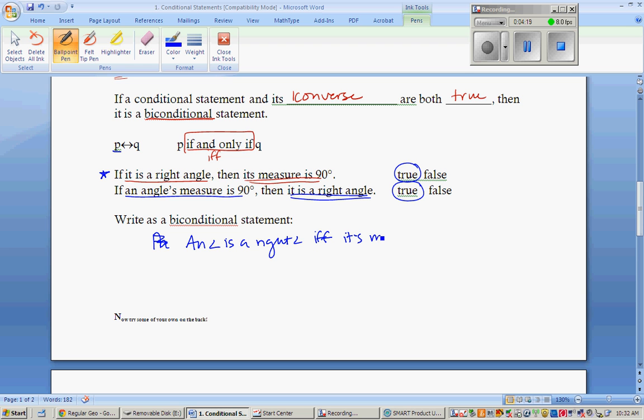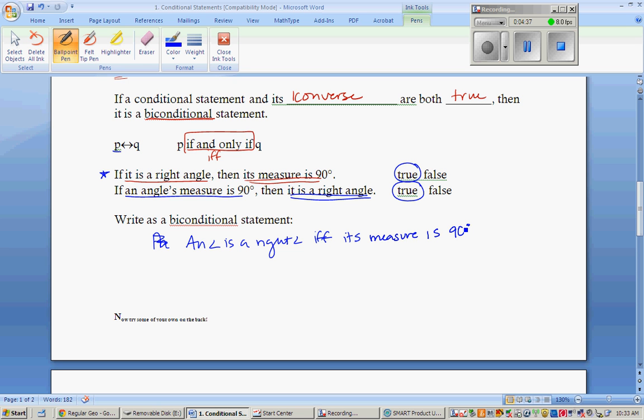Its measure, it does not have an apostrophe. Do not put that in there. Its measure is 90 degrees. And that's written in its biconditional form.